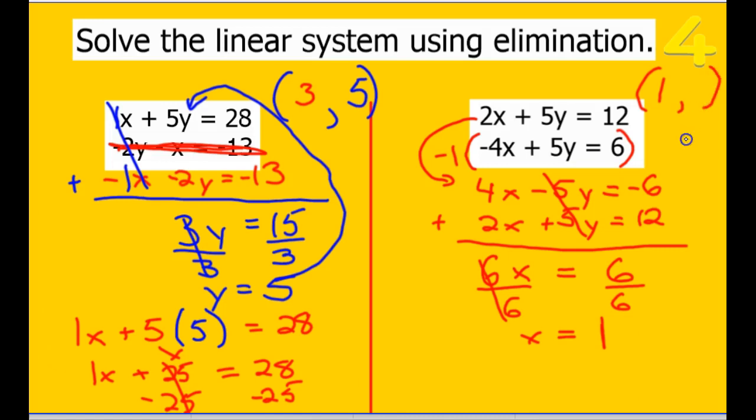Last thing we've got to do is find our y. So we're going to take this 1 and put it in for an x. So let's put it in for this x. Doesn't matter which one you do again.